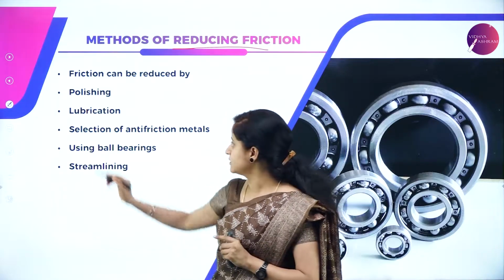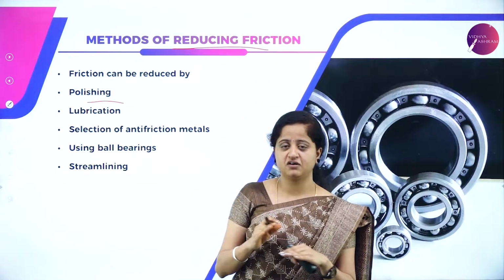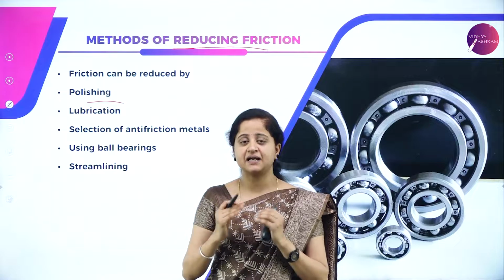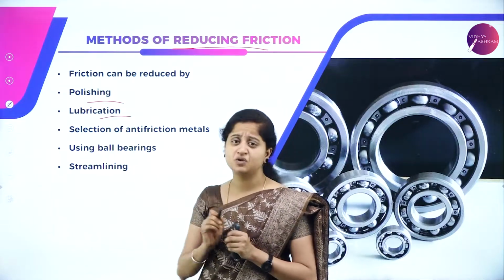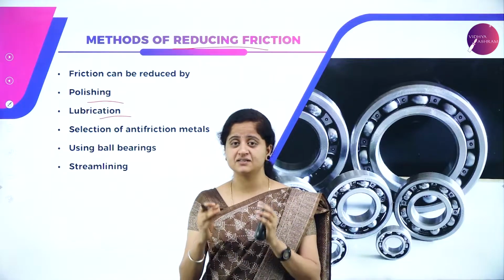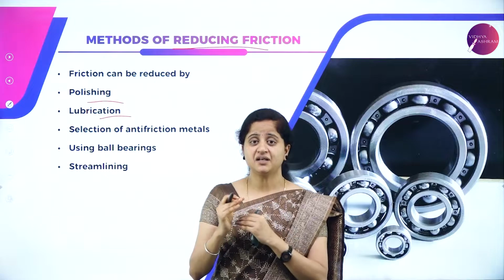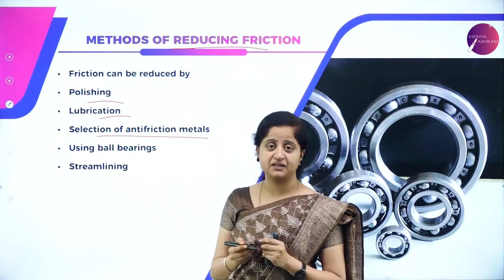Friction can be reduced by polishing. By polishing, we can make the surface softer or smoother, so that the friction between the surfaces can be reduced. So polishing is one way to reduce friction, as well as lubrication, that means applying oils or grease. By applying these lubricants, we can reduce the friction between the surfaces, and also through the selection of anti-friction metals.